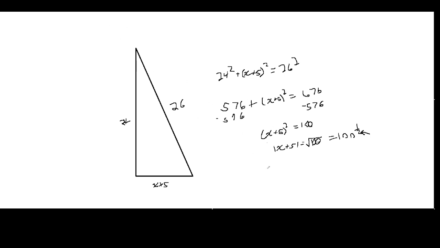So you could just write x plus 5 equals plus minus 10. So you have to subtract 5 from both sides, right?